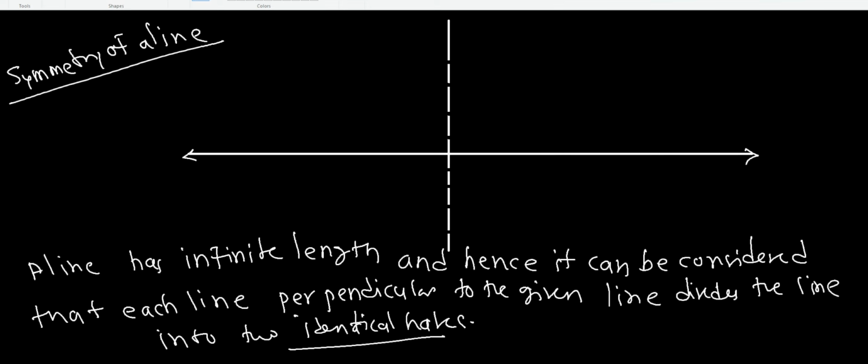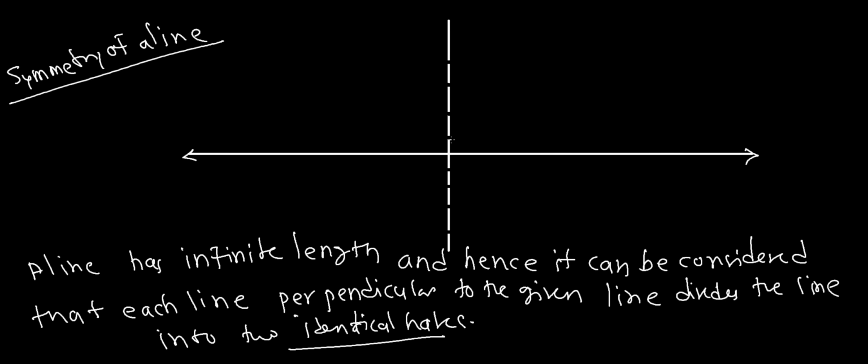So this is a perpendicular line on the line, let's say line L. As a line has infinite length, we consider that this perpendicular divides the line into two halves which are equal in length. So this is the line of symmetry, and this is how symmetry of a line looks.